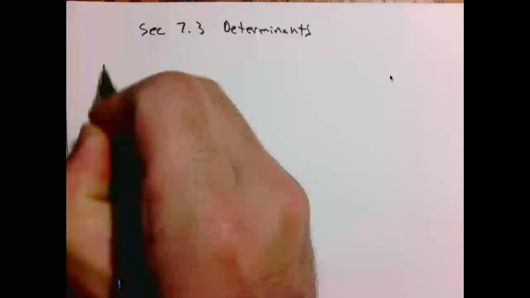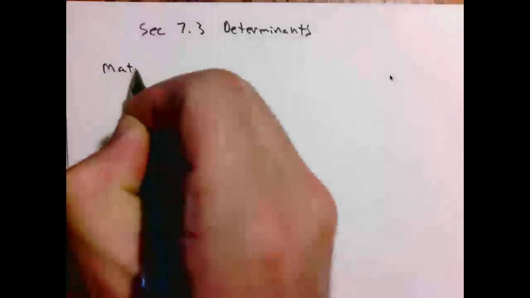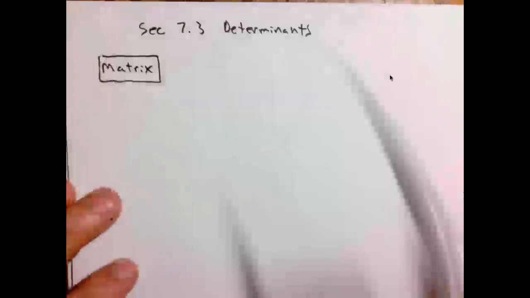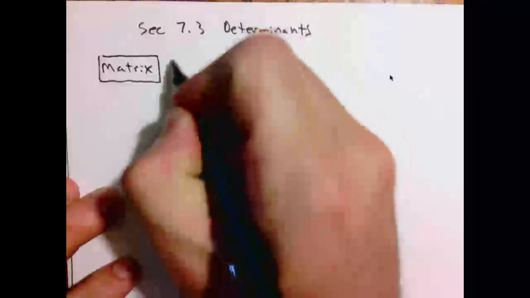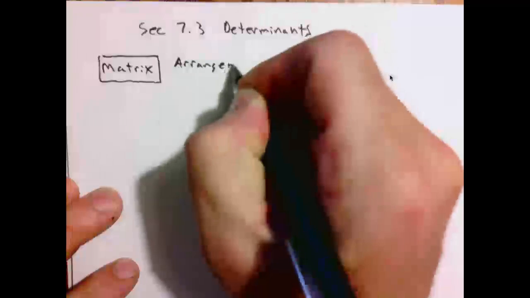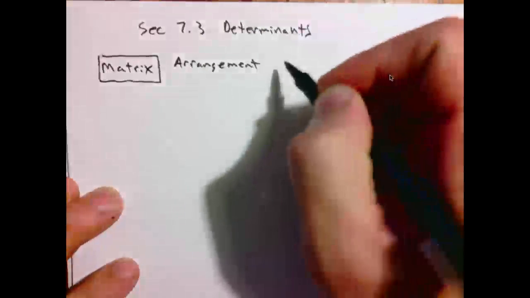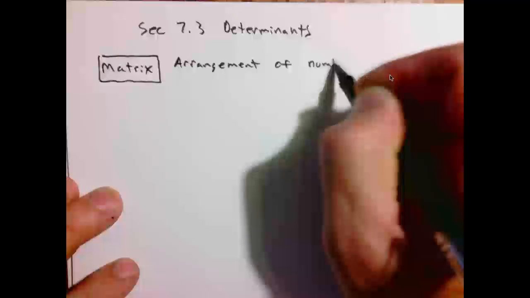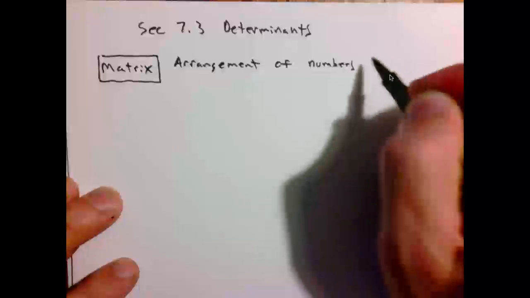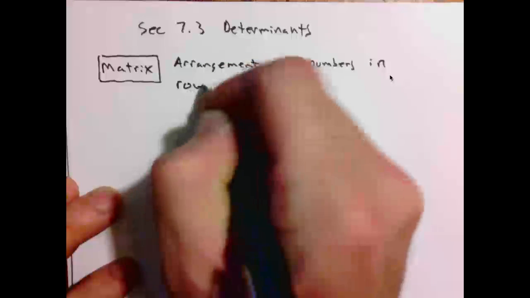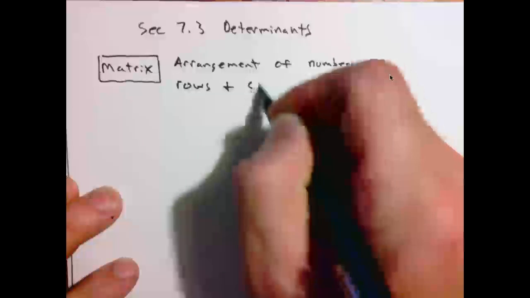Couple of definitions to start off with. First, matrix. A matrix is an arrangement of numbers in rows and columns.